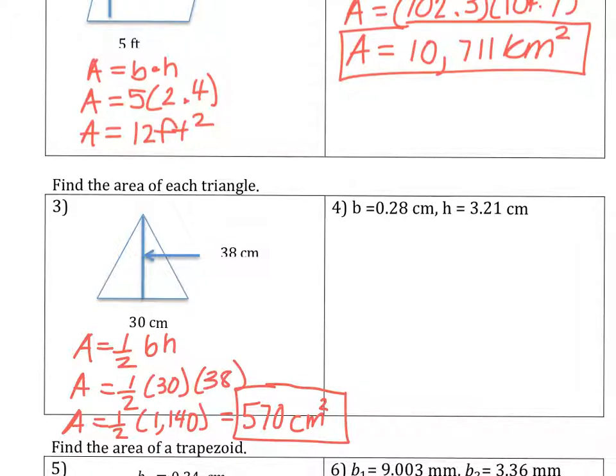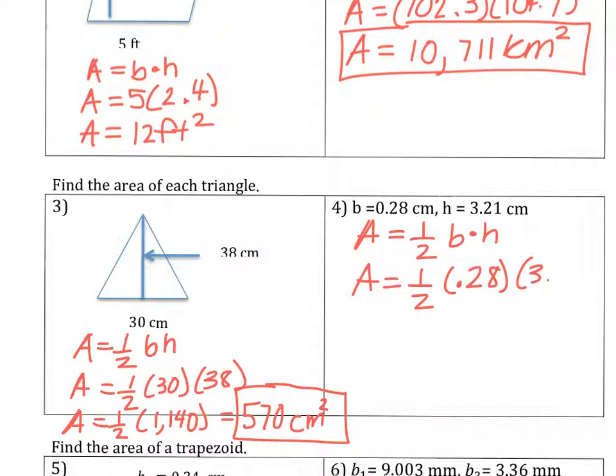Here it gives us our base and our height, so we're going to use our formula again, 1/2 base times height. I don't know my area, that's what I'm trying to find. I have 1/2 from my formula, 0.28 centimeters for my base, and 3.21 for my height.